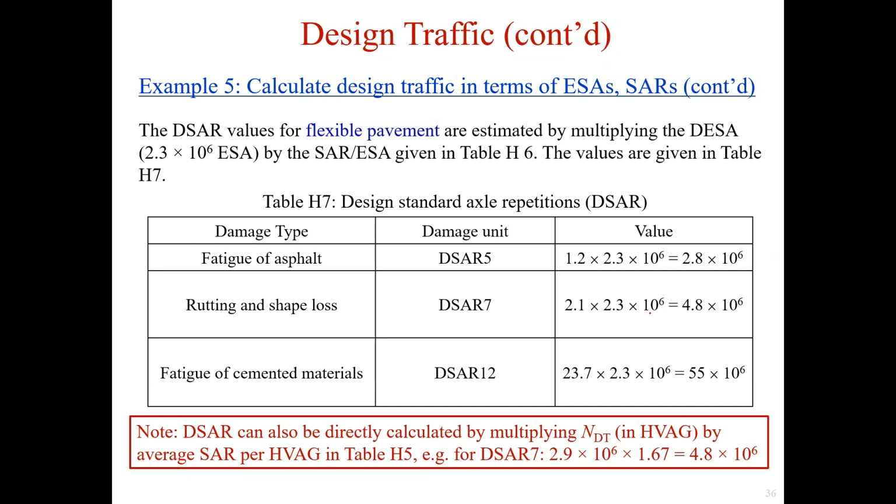Another way of calculating the SAR is to multiply the NDT by average SAR per HVAG in table H5. For example, the DSAR7 equals 2.9 times 10 to the power of 6 times 1.67, and we get the same value as the one in the table above.